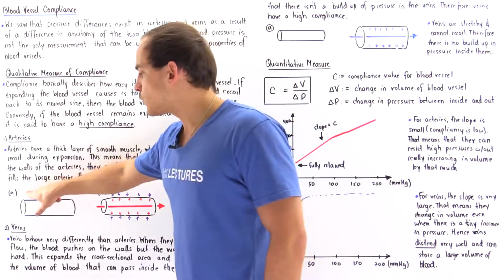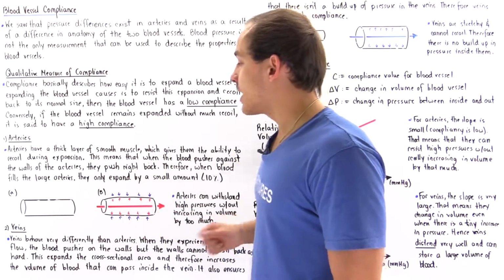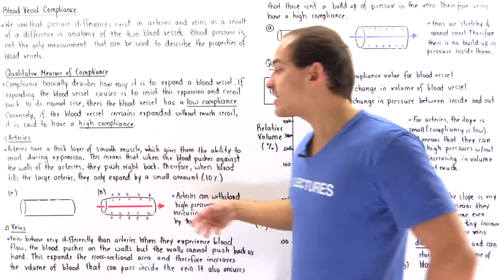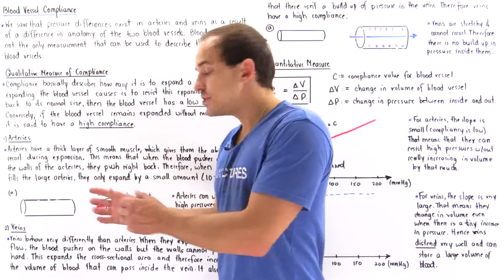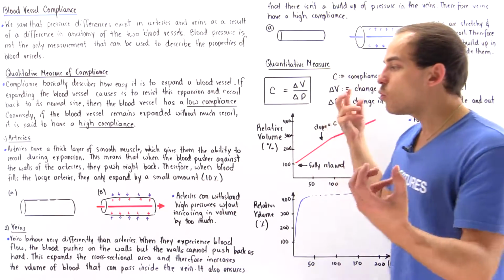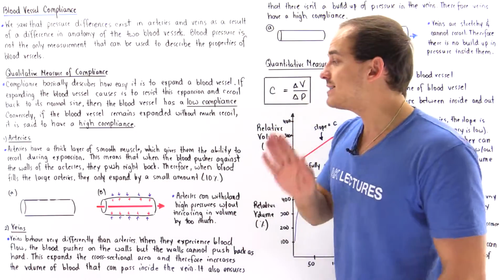So in diagram A, we have the relaxed state of our artery and no blood flows across. But when blood fills the arteries, the blood pushes against the walls, but the walls push right back, and so it expands only by a tiny amount.